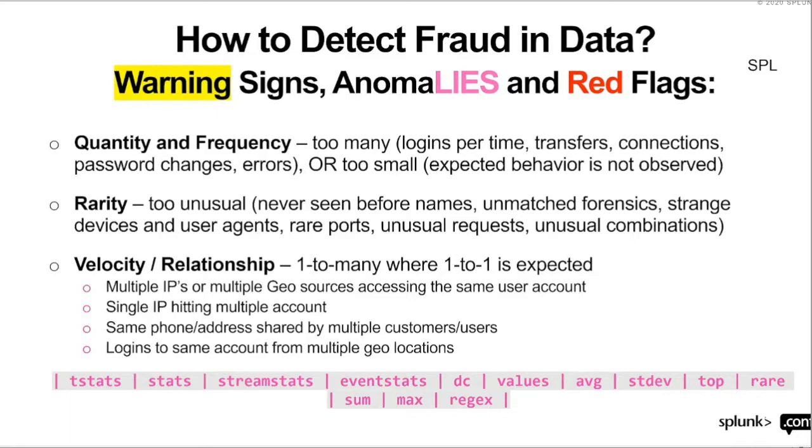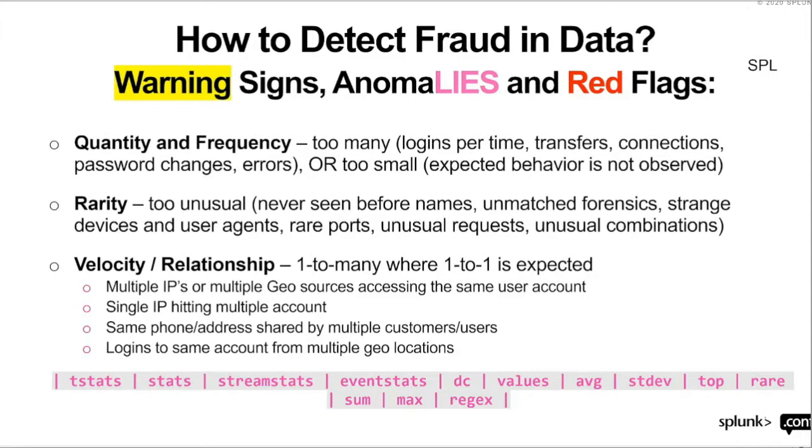So here's a slide I borrowed from my recent conference presentation. And it talks about how we can detect phase one, account login, suspicious login attempts. So a couple points here.